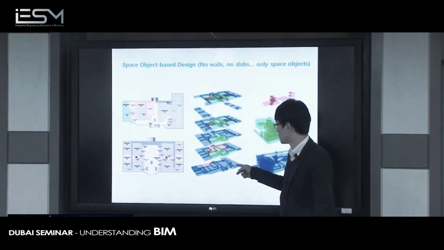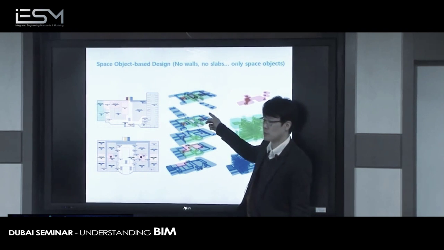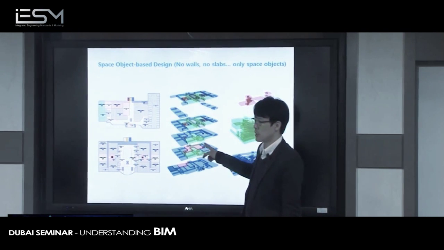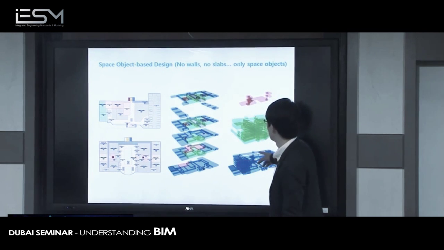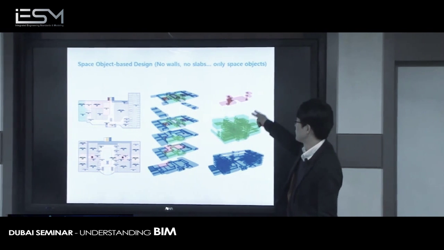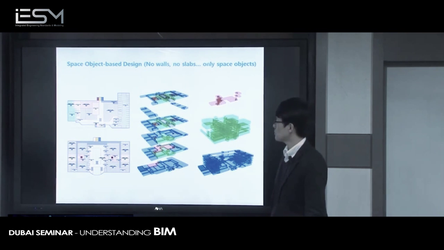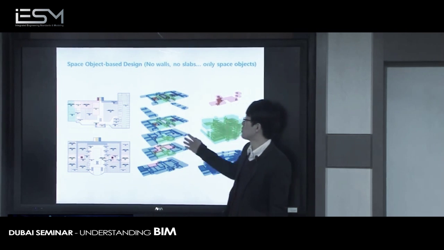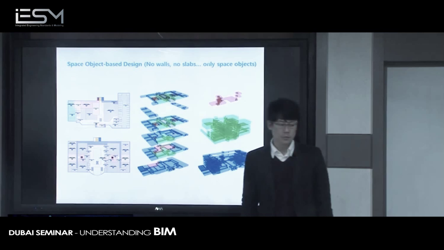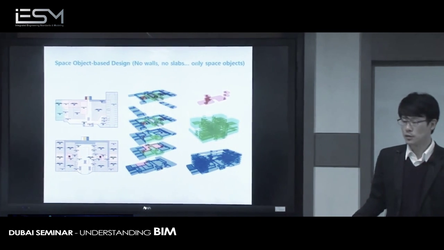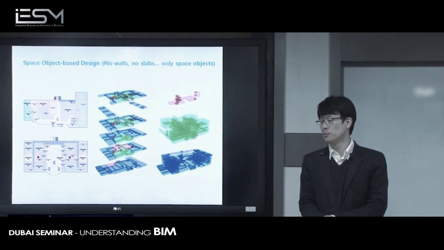In the 3D view, they are all 3D space objects, something like Lego blocks. There are no window objects, columns, slabs, or stairwells, just space objects. We can separate space objects of different purposes in these colored objects. So based on this space object-oriented, space-based design, later on we can add walls, columns, doors, windows, slabs, ceilings, and other details.